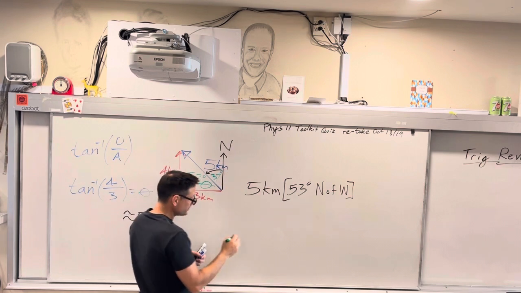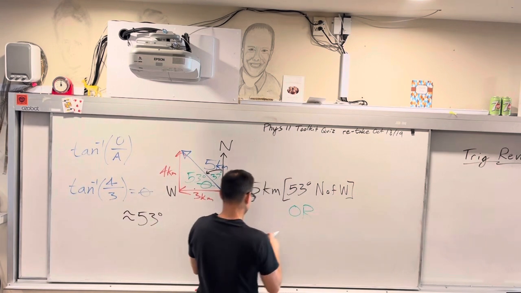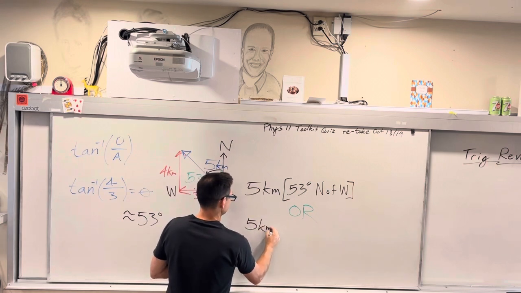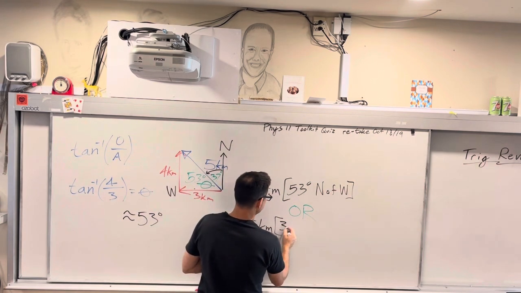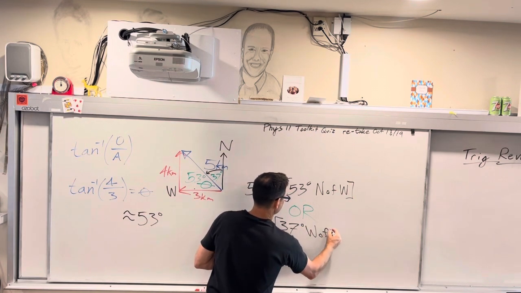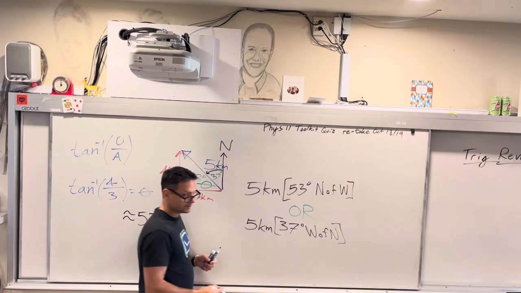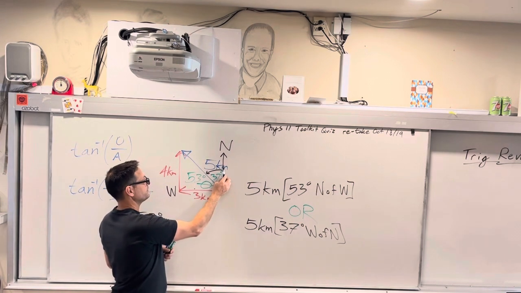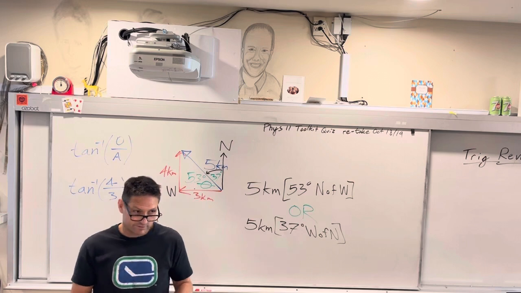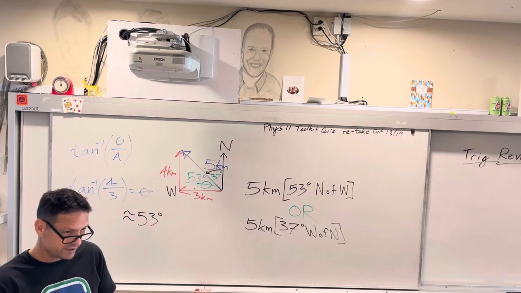So you could also say 5 kilometers, 37 degrees west of north. Because you started at north and you went 37 degrees west. Either of those are the same and equal and fine.